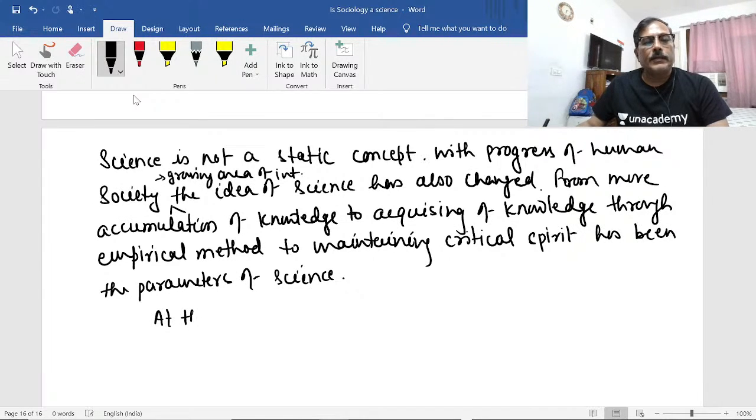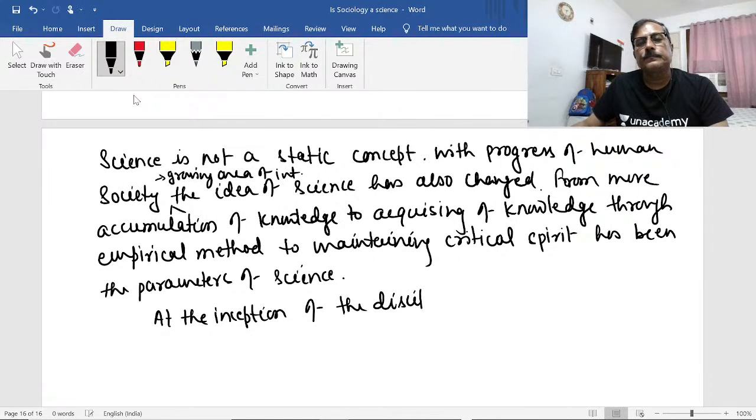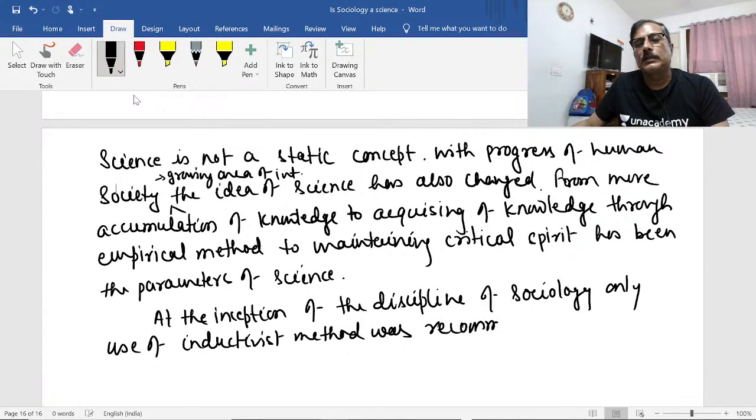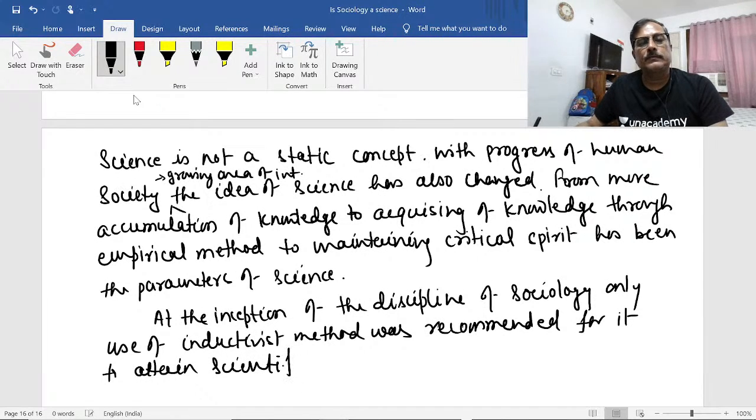At the inception of the discipline of sociology, only use of the inductivist method was recommended for it to attain scientific status.